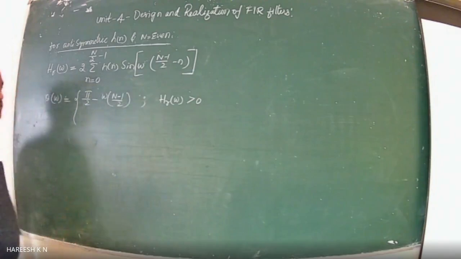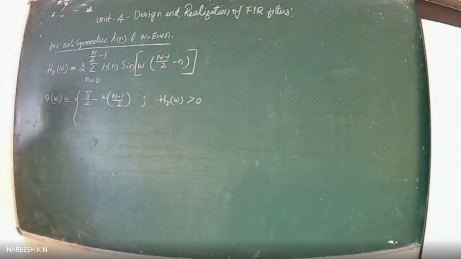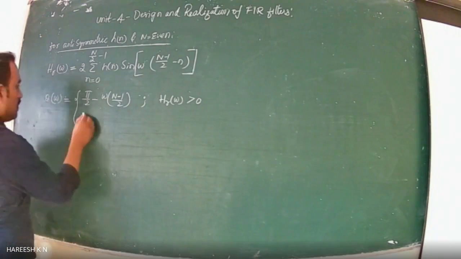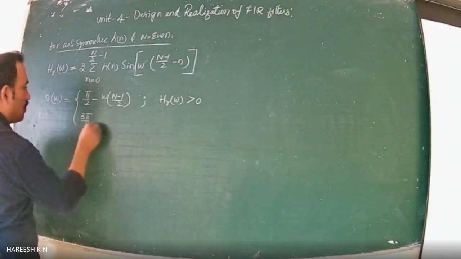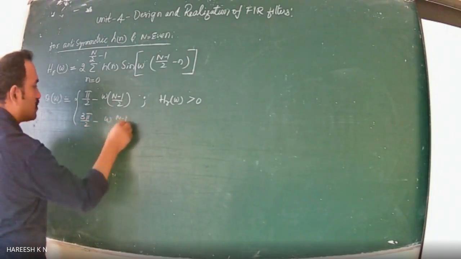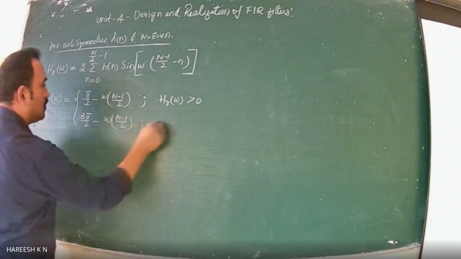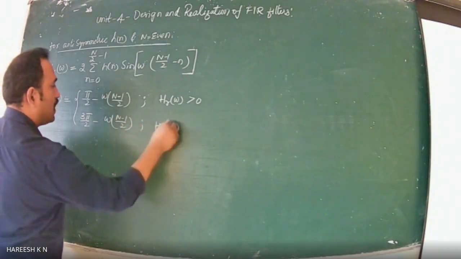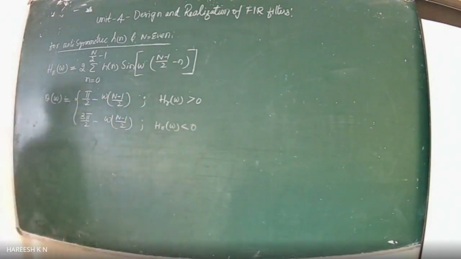And if it is less than 0, it will be 3 pi by 2 minus omega into (N minus 1) divided by 2. Now this is the expression for theta if N is even and for anti-symmetric h of n, right?